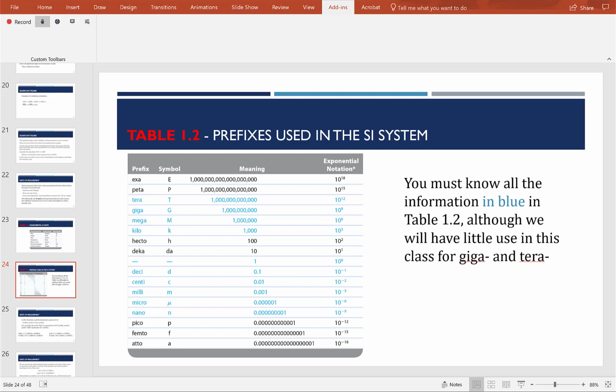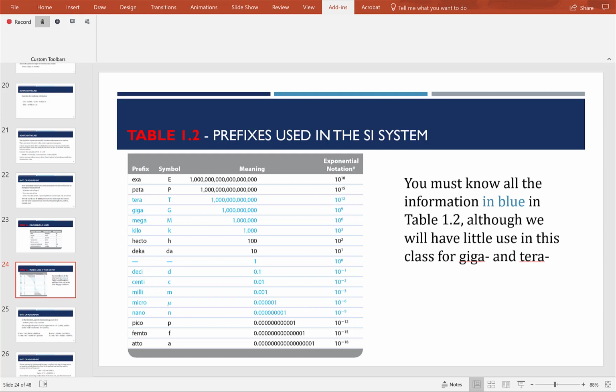So, for example, when we talk about centimeters, centi is equivalent to the decimal notation 0.01, or the exponential notation 10 to the minus 2, or very importantly in words, centi is 100th, and milli, with a lowercase m, is 0.001, which would be thousandths, etc.